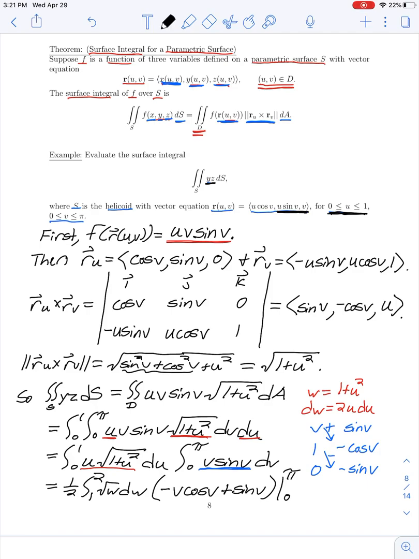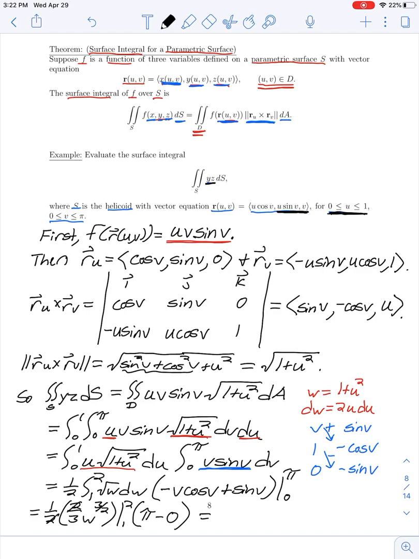All right. So let's see what we have for this first antiderivative. We had 1/2 the square root of w. So we have half of the antiderivative of root w, which is 2/3 w to the 3/2 from 1 to 2, times, when we evaluate this antiderivative with respect to v at pi, we would have pi plus sine of pi, which is 0, minus, when we plug in 0 for v, we get 0.